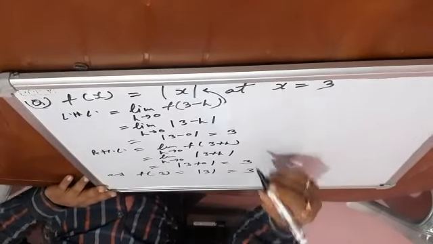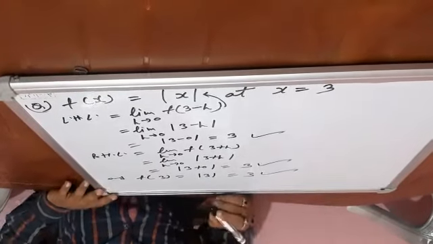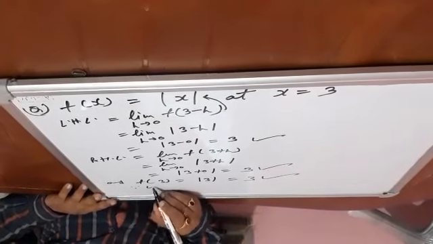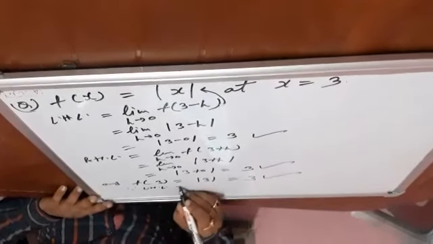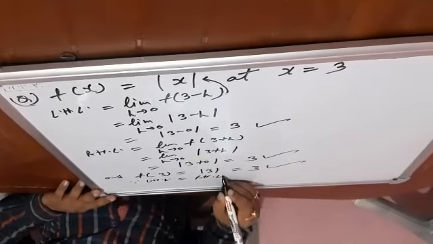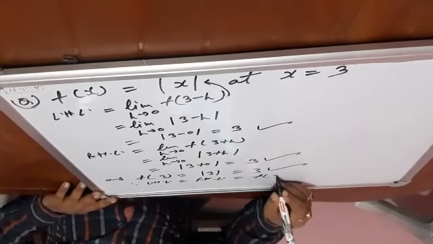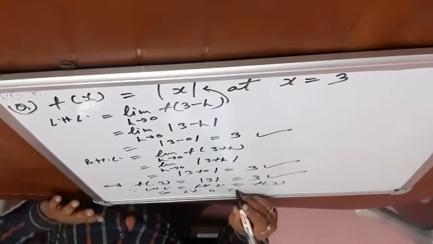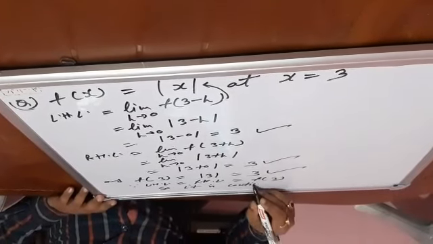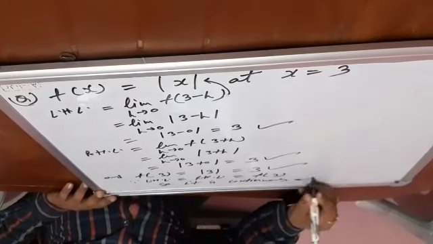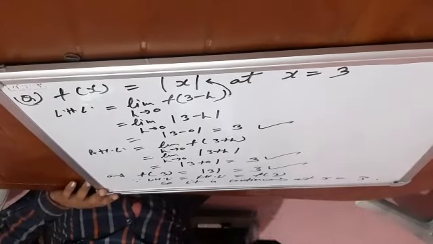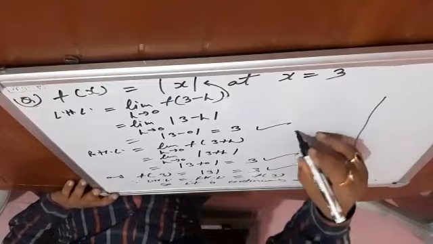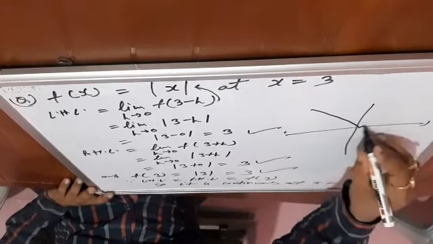Have you seen that all three are equal? Then since LHL is equal to RHL is equal to the value of the function, f(x) is continuous at x equal to 3.